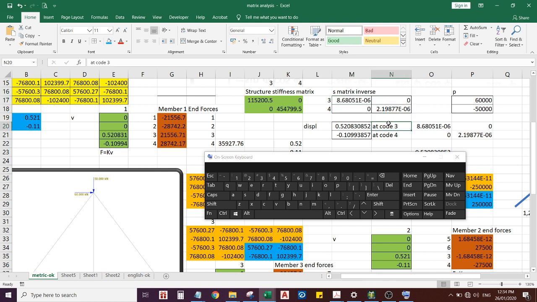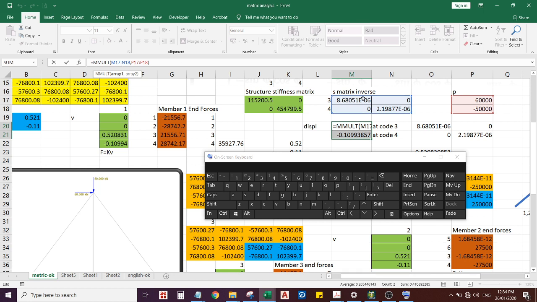Then establish the P matrix, this one, which is 60 kilonewton horizontal and negative 50 kilonewton downwards. To get the displacement, multiply the S inverse to P. That's why we prepare a 2 by 1 matrix, then type in MMULT, then open parenthesis.